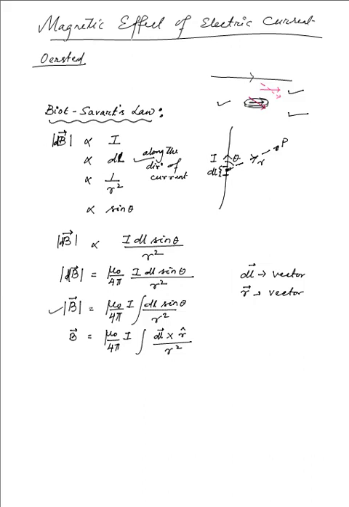So dl cross r, we can also therefore write this as mu naught by 4 pi I integration of dl cross, if we are to take the vector form, that is instead of the unit vector, if we take the proper r vector, then we have r cube in the denominator and r vector at the top in the numerator, because we know that r cap is simply r vector divided by the modulus of r.